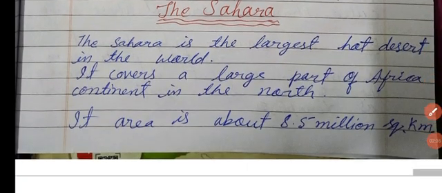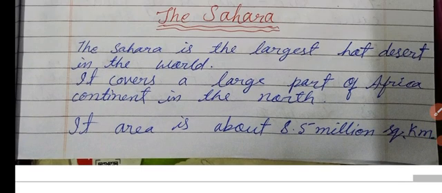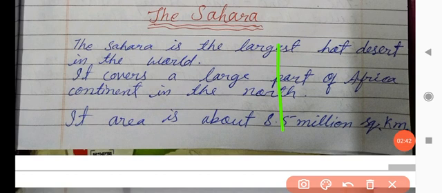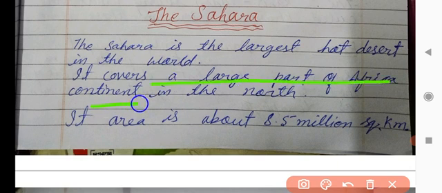Okay, as you know, Sahara is the largest hot desert in the world, and it covers a large part of the African continent, that is in the north part, which we will see with the help of a map. It is an area of about 8.5 million square kilometers.